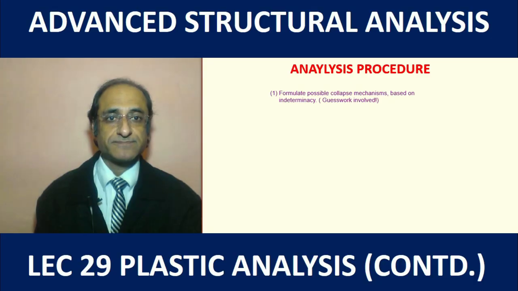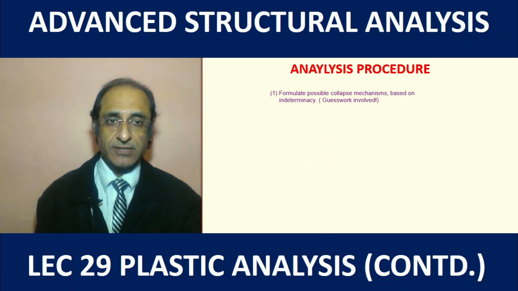For example, if the degree of indeterminacy is 2, we'll need 3 hinges to form, and there may be possible ways or scenarios in which the hinges can be formed.